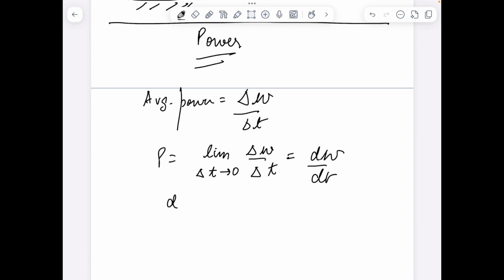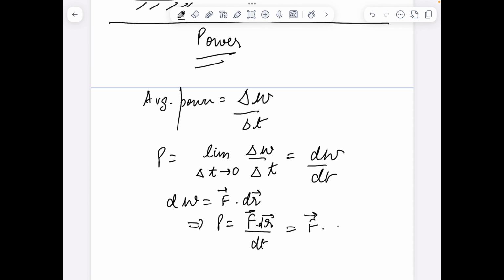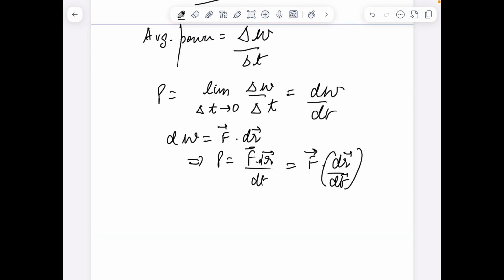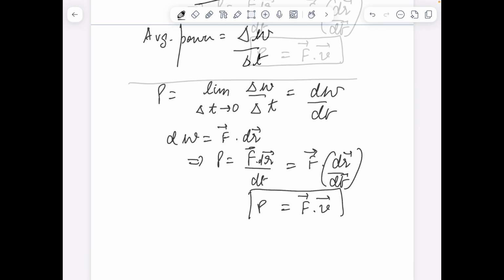Now of course we know that dW is F vector dot dr vector, therefore power is F vector dot dr vector by dt, because that's F vector dot (dr by dt) vector, and that of course is F dot v. That's the expression for power.